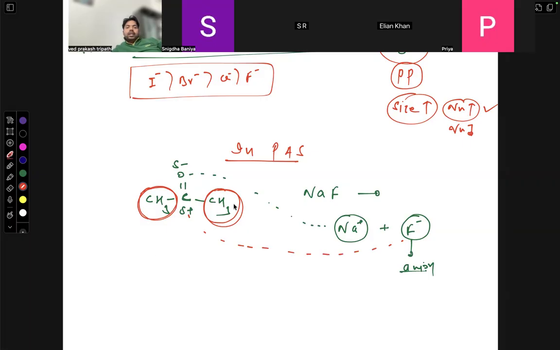It means in a polar aprotic solvent, the anion is not going to be solvated. No solvation of anion. Why? Because of the steric crowding of the polar aprotic solvent. Make sense?